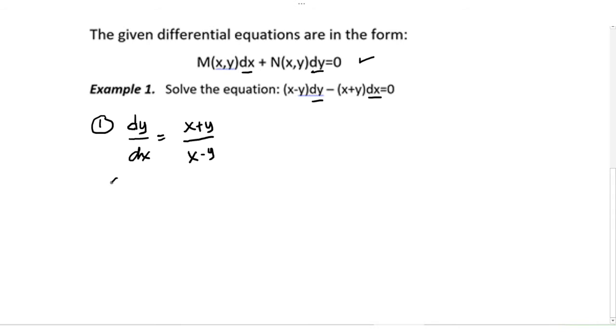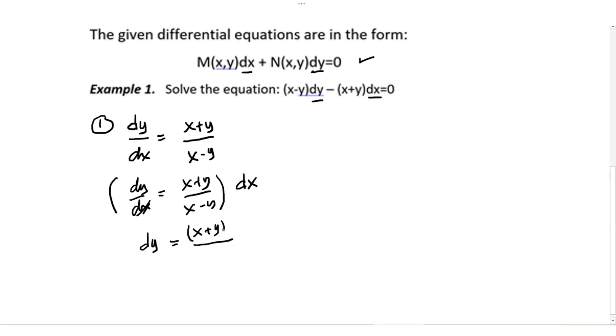Specifically, you can multiply this equation by dx to cancel the dx here. So this is now dy = (x + y) dx/(x - y). And then you can also multiply the equation by (x - y), so that the denominator x - y will be cancelled.